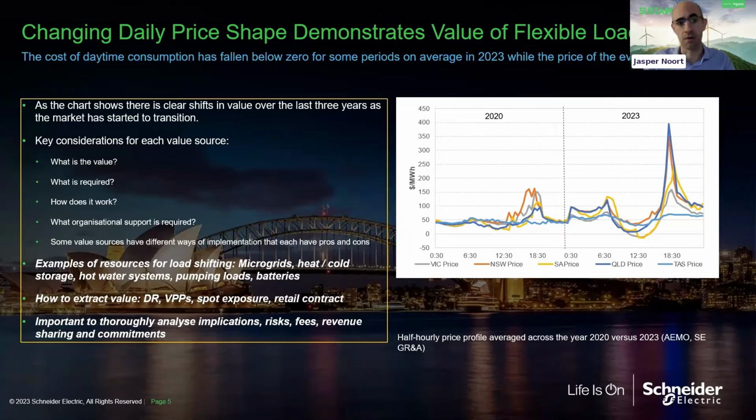And then finally, one of the less efficient ways is to change your load that you submit to your retailer as part of your retail contract. That might reflect some value if you change your consumption in a certain way to lower cost periods. Retailers will value that as part of the retail contract.